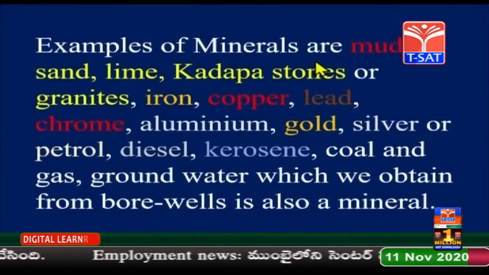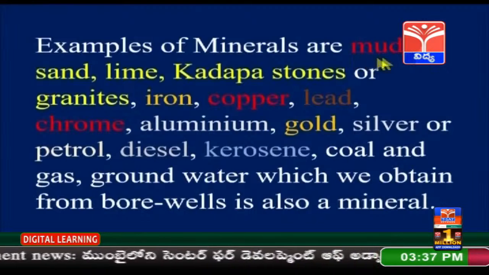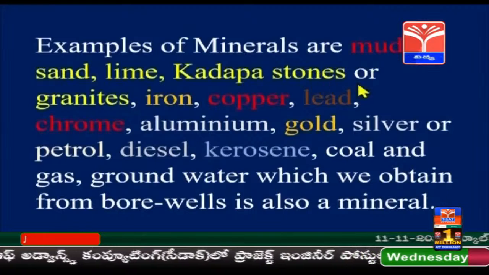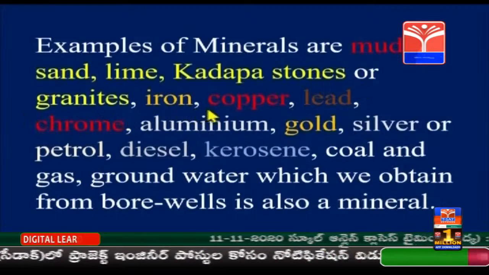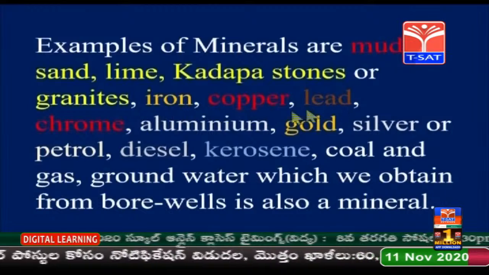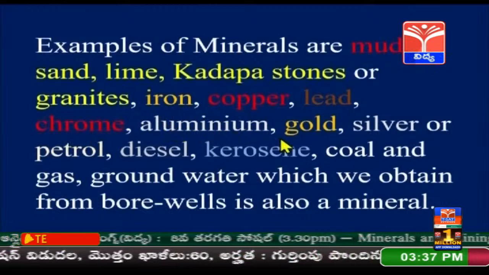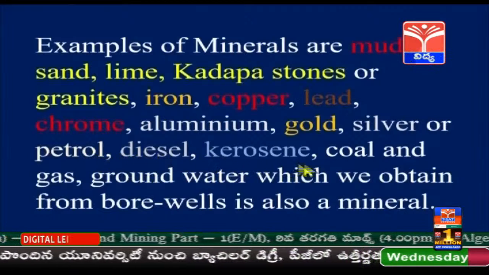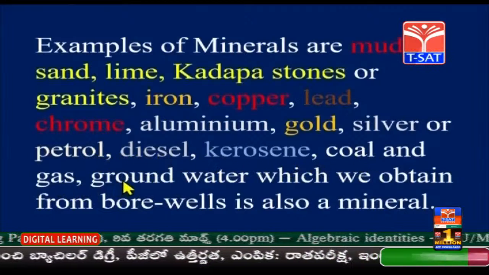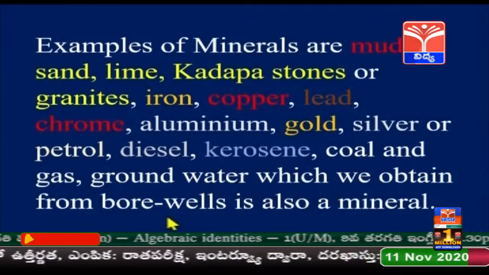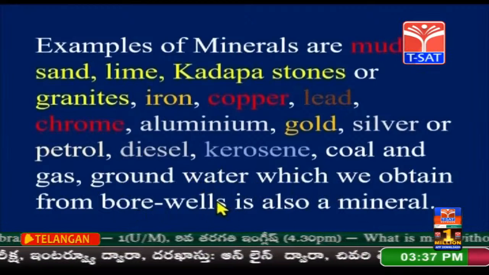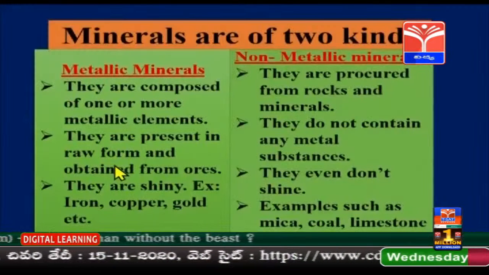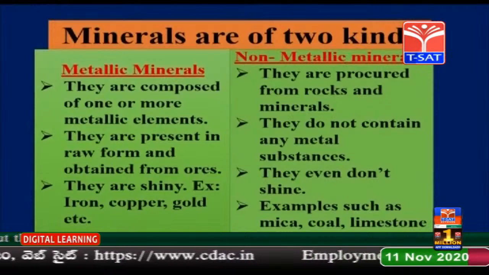Examples of minerals, as we have discussed before, are mud, sand, limestone, kadapa stone or granite, iron, copper, lead, chrome, aluminium, gold, silver, petrol, diesel, kerosene, coal, gas, and groundwater, which we obtain from the bore wells, is also a mineral itself.